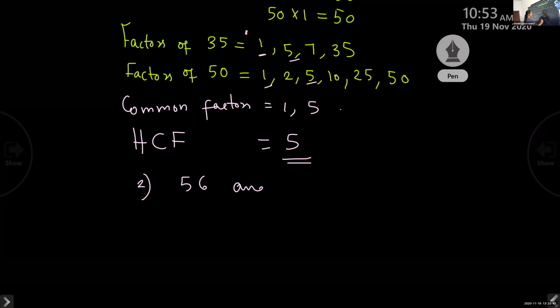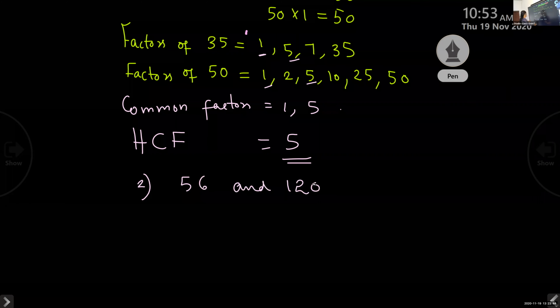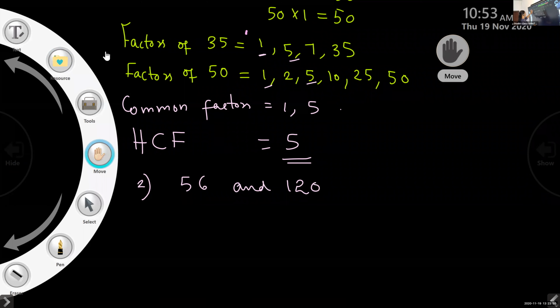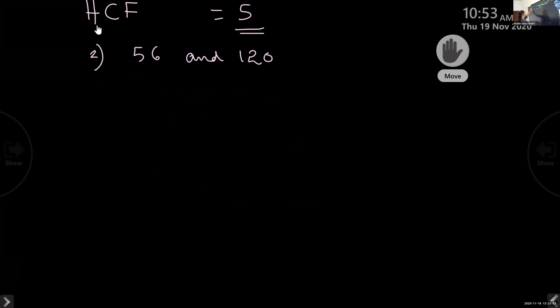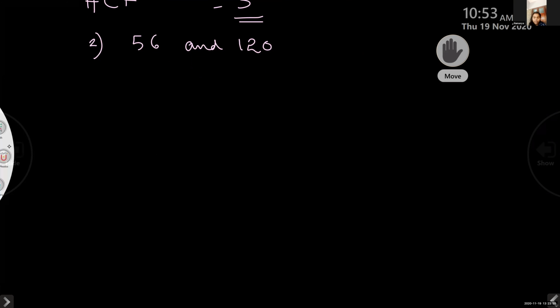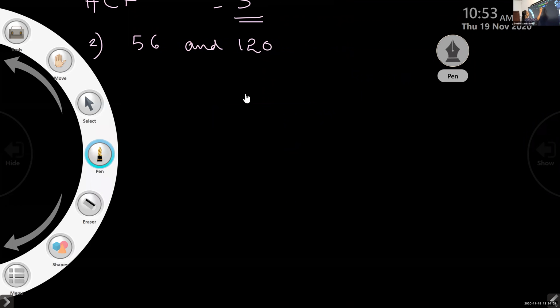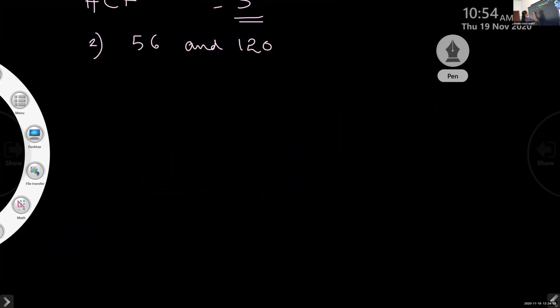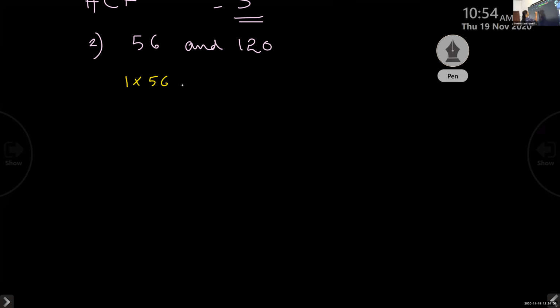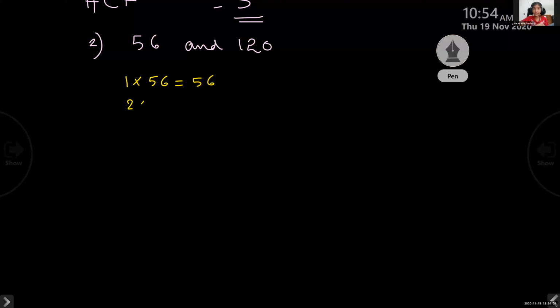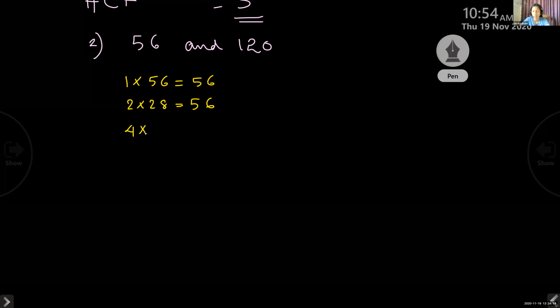We will get a lot of factors for this. 56 first. 1 into 56 equal to 56. 2 into 28 equal to 56. 4 into 14 equal to 56. 7 into 8 equal to 56.